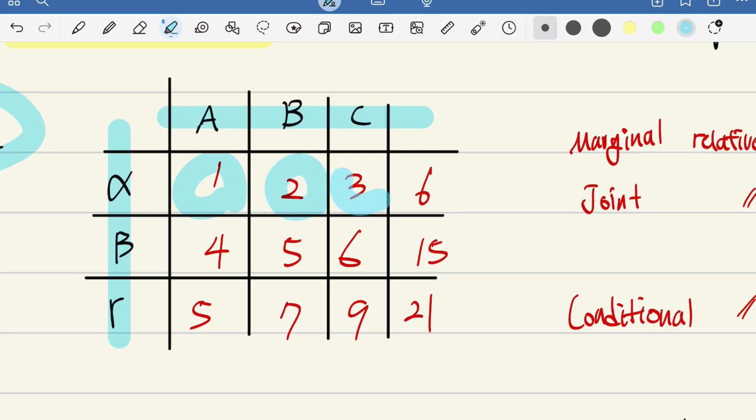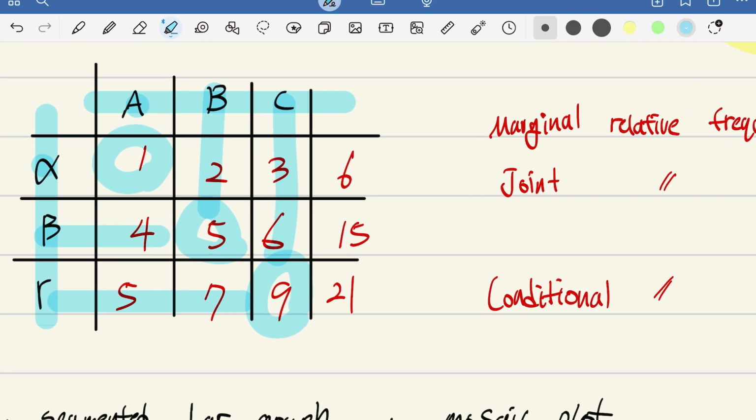And each block represents that they have these two characteristics. For number 1, the count of people has the characteristic of capital A and alpha, for 5 it has B and beta, and for 9 it has C and delta. And these are the total counts that we write down on the side.